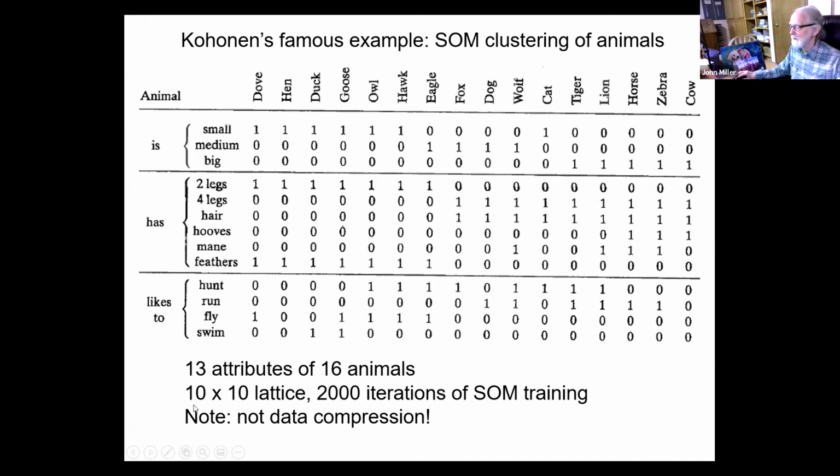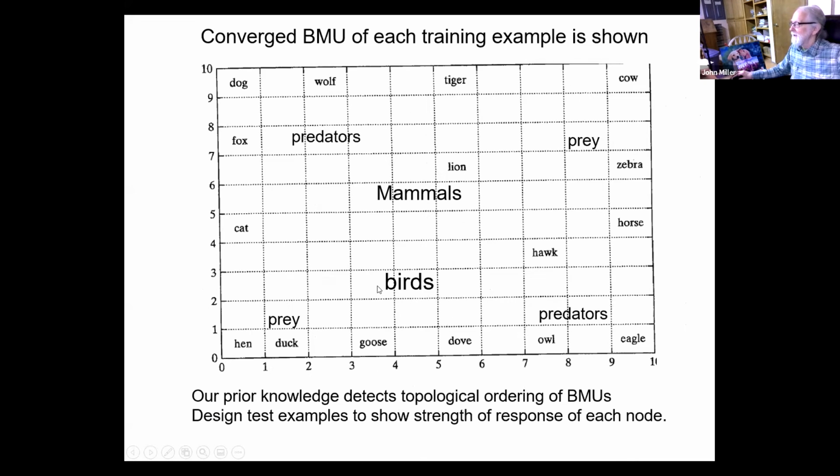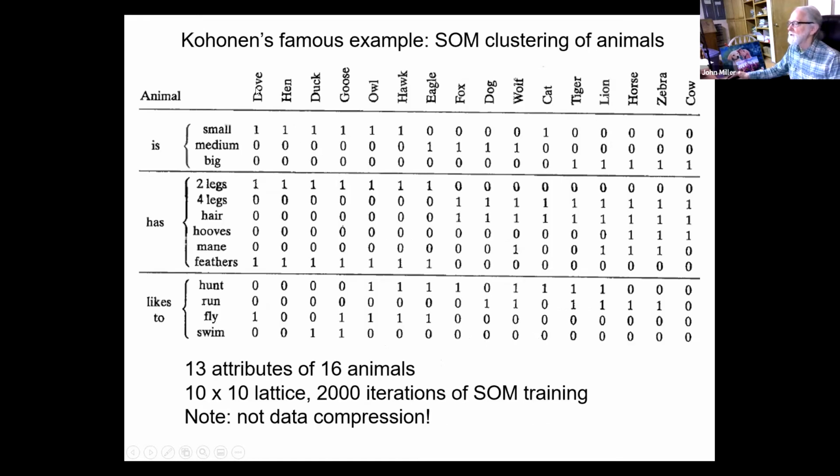But Kohonen accomplished his purpose of illustrating his algorithm on this particular example. And so here's what he got. And here's his array of 10 by 10 output nodes, and he's just identifying the node that corresponds to the best matching unit of each of these animals.